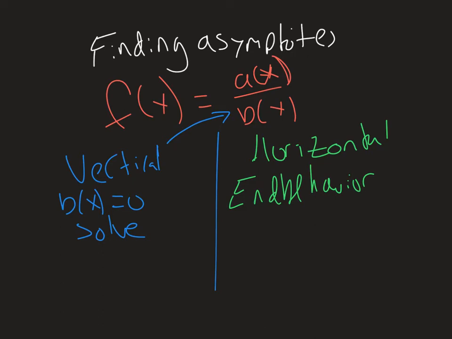And the idea is what happens as x approaches the end, so either infinity or negative infinity. Basically, I'm trying to answer the question, what happens to y as this happens? And the idea is, I'm going to look at the leading terms.